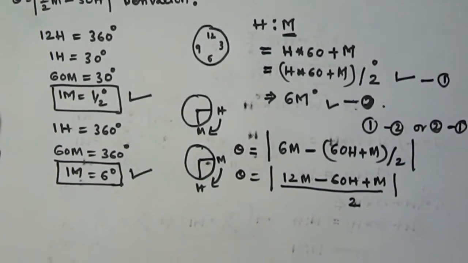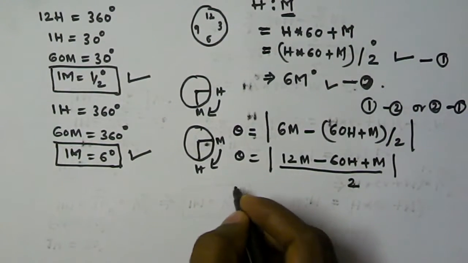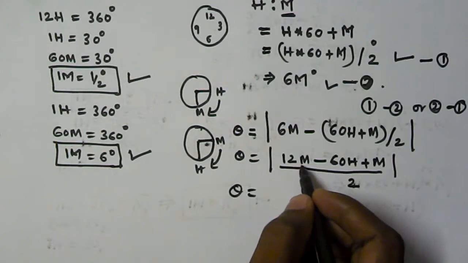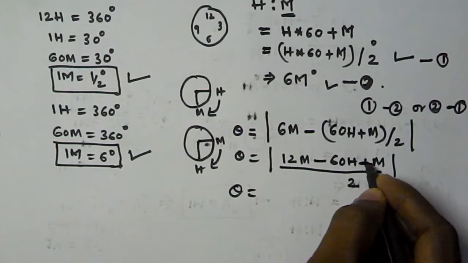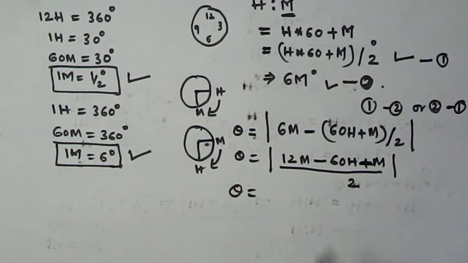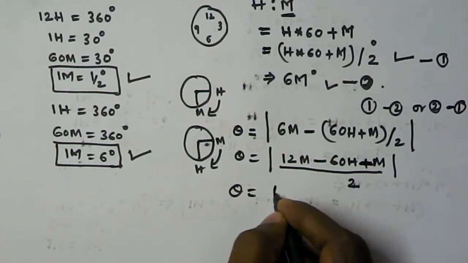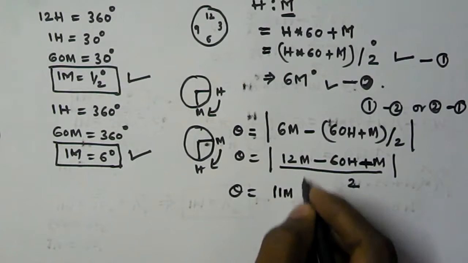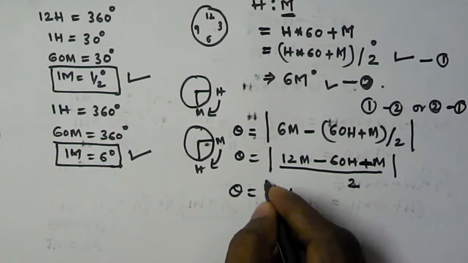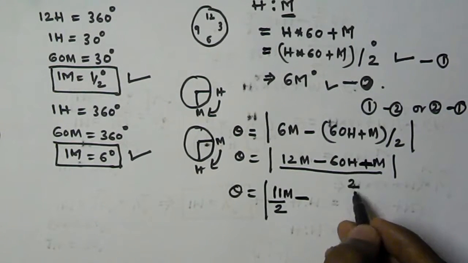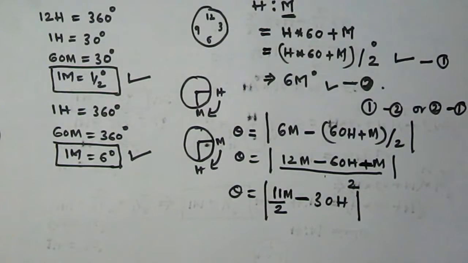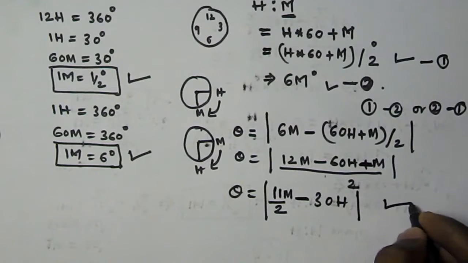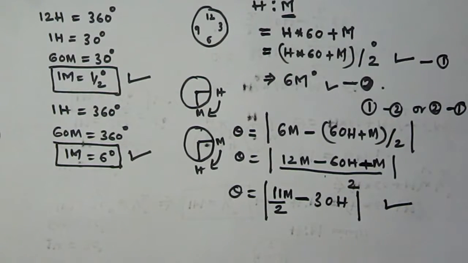The minus sign applies to both terms, so 12m minus m is 11m, and this is by 2. So 11 by 2 m minus 60h by 2, which is 30h. Now we got the formula: theta is equal to 11 by 2 m minus 30h.